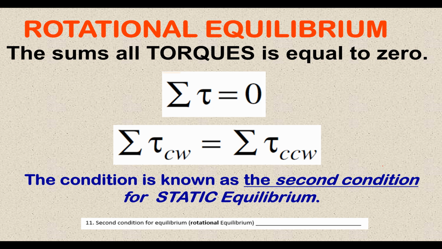The second condition for static equilibrium, rotational equilibrium, is the sum of the torques equals 0. The next step right underneath it is the sum of the torques clockwise is equal to the sum of the torques counterclockwise.